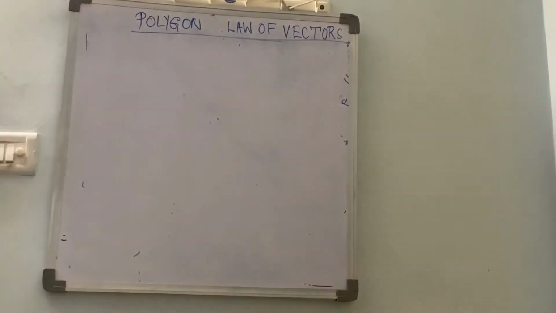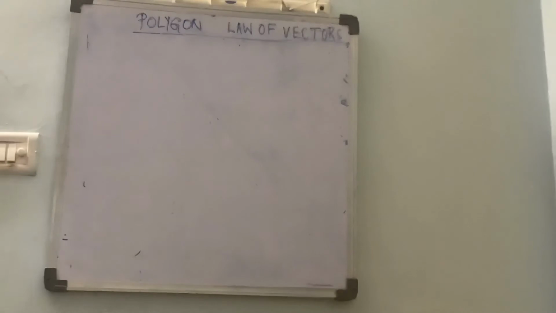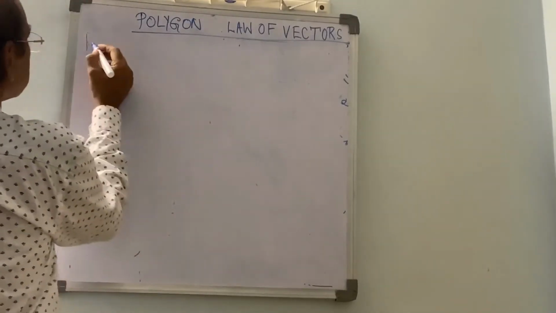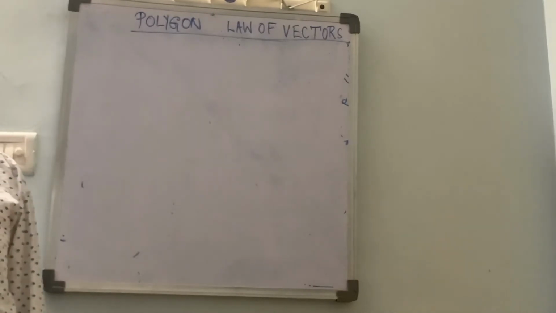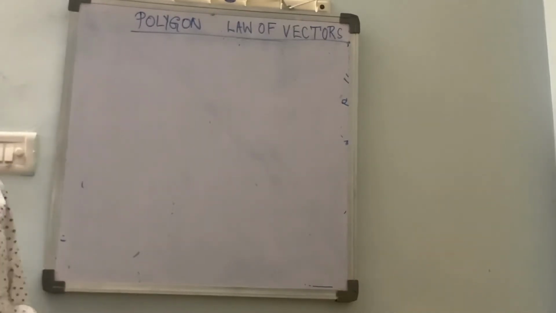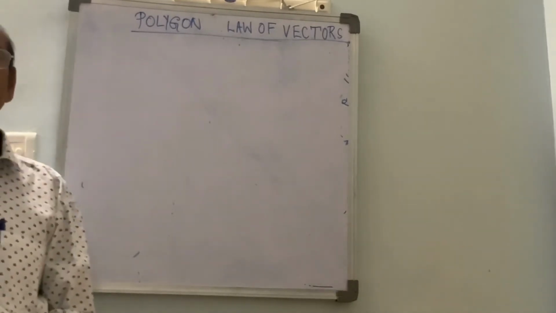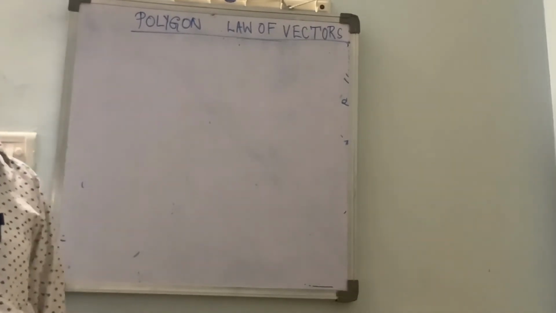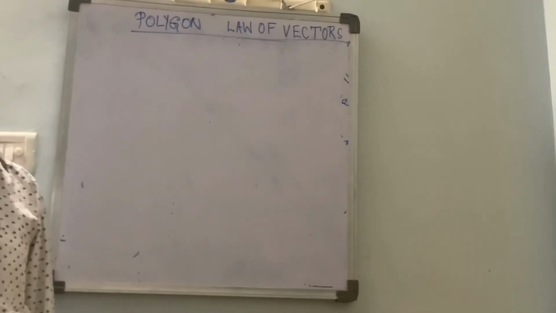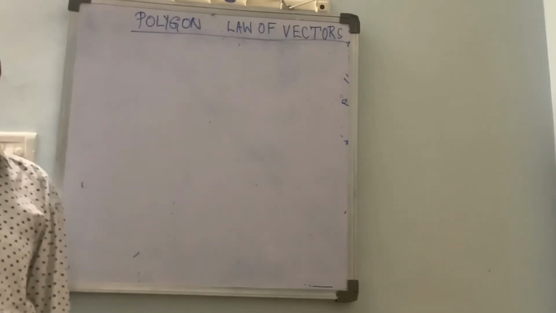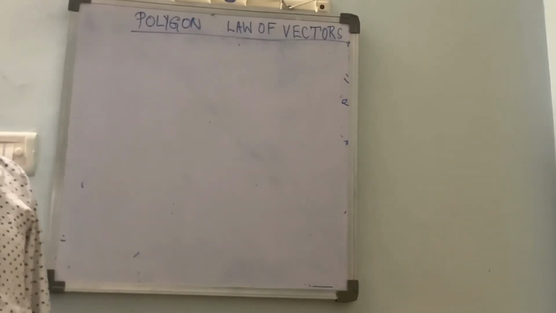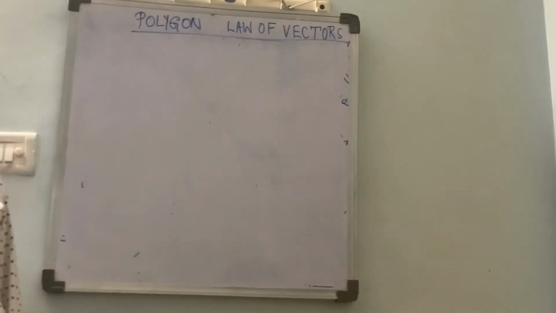This is the extension of the triangle law of vectors. It states that if a number of vectors acting at a point are represented in magnitude and direction by the sides of a polygon taken in an order, then the resultant is represented by the closing side taken in the opposite direction.